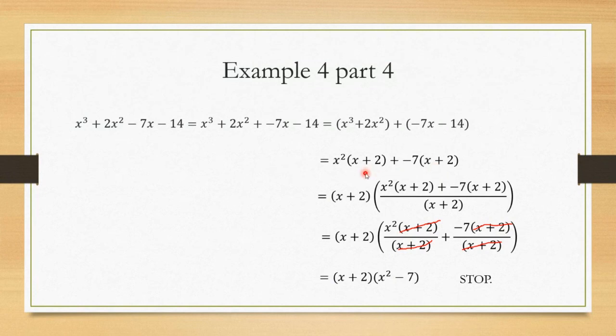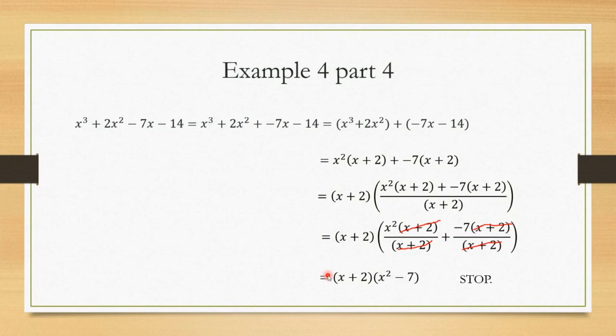We have x + 2. So that common thing, we are going to take it out. We're going to factor it out. Okay, so factor it out. We divide to see what's left over. That's exactly what I'm doing, right? We divide it into each term. Cancellation, and we get this. So that's what we get here.